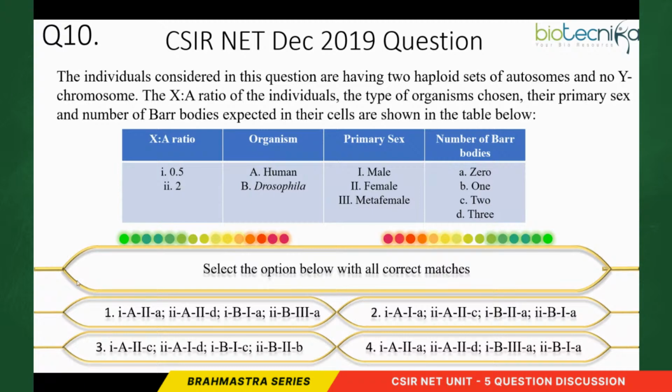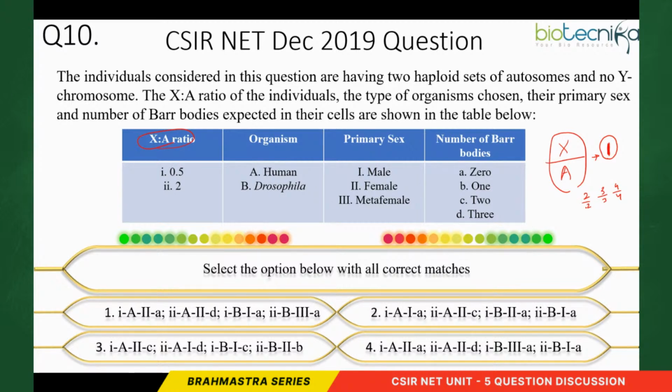What happens over here is that the X by A ratio, which is X chromosomes by autosomes, is how Drosophila sex determination is determined. If the ratio is 1 or more than 1, it would form meta female, and if it is 1, then it would form female. That can be either 2 by 2, or 3 by 3, or 4 by 4, because Drosophila may have more copies of autosomes and X chromosomes.